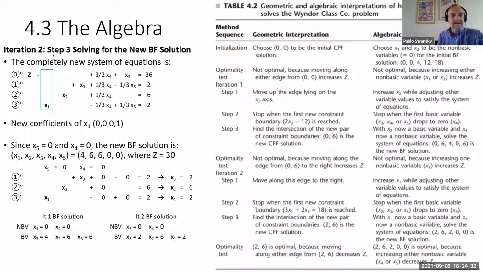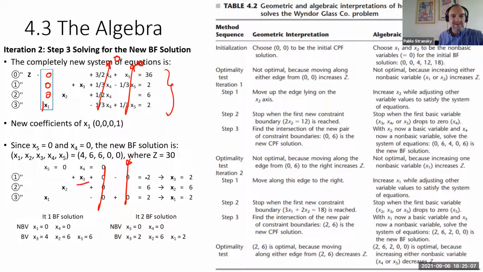So we got our new system of equations, and we got the new coefficients for x1: 0, 0, 0, 1. And since x5 and x4 are now the non-basic variables, we can set all this equal to 0, and it would be this.